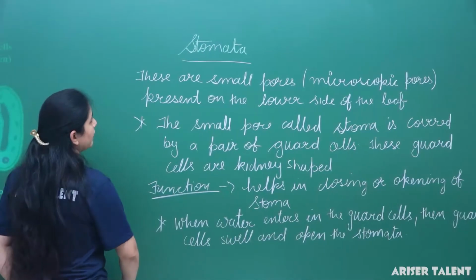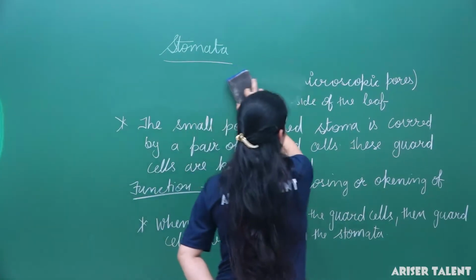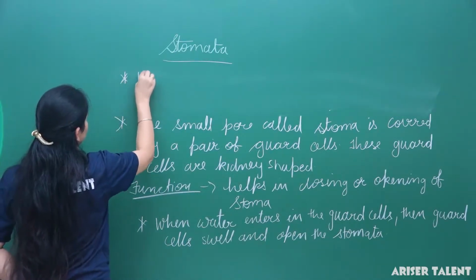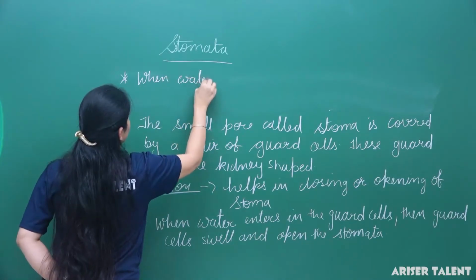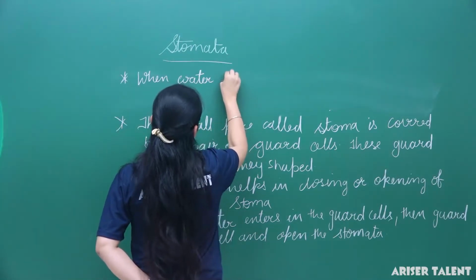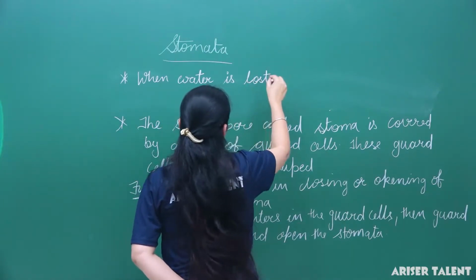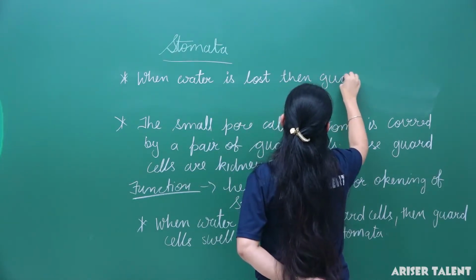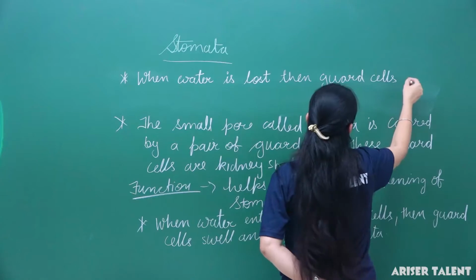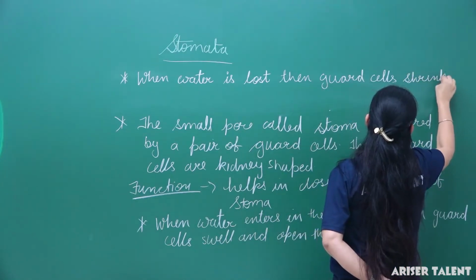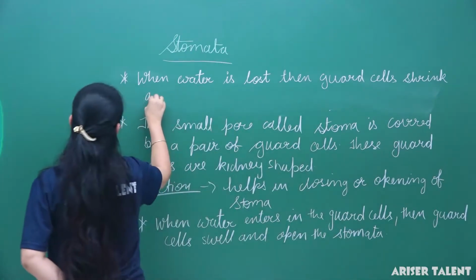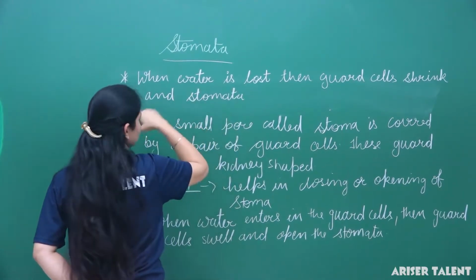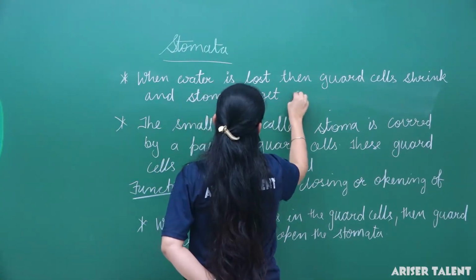Next, when water is lost, then the guard cells shrink and the stomata get closed.